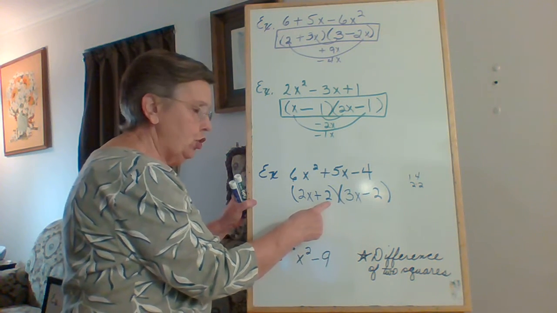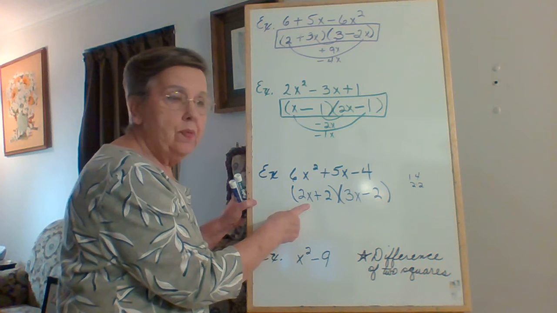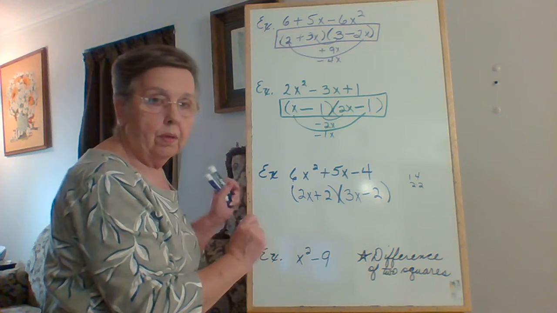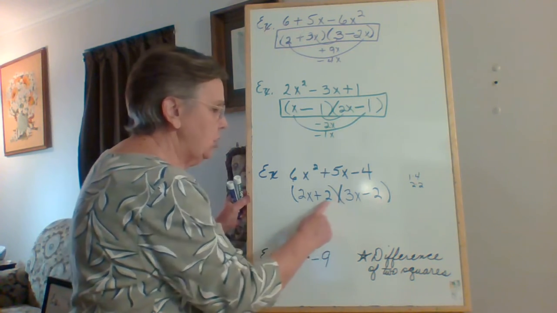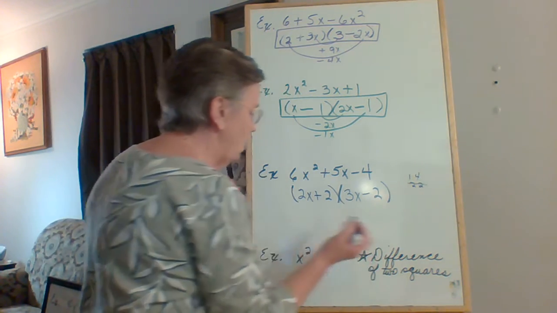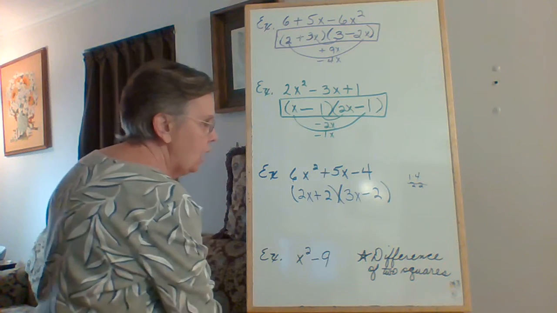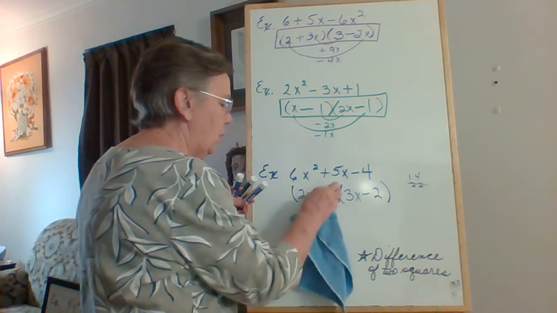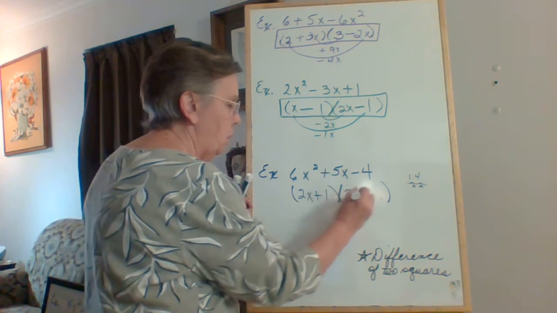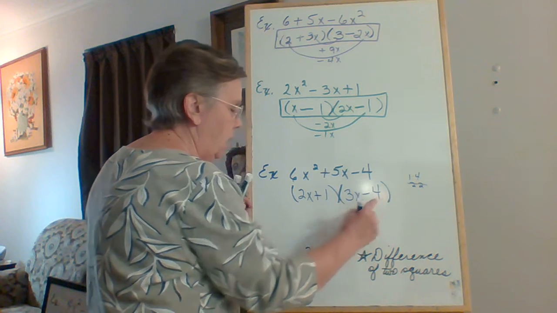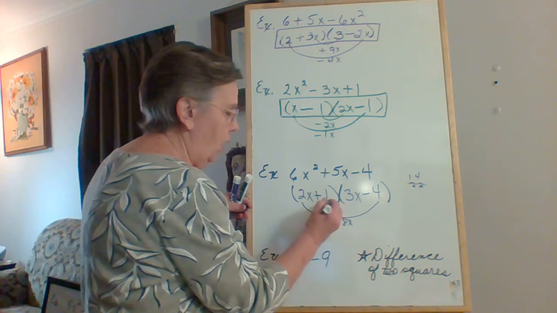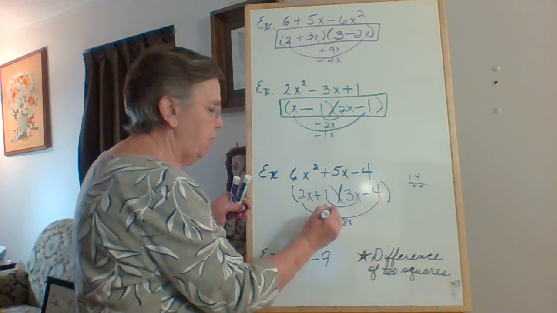But wait, when I put a 2 in this first parentheses, that gives me a common factor of 2. But even if I switch these, I'd still have a 2. So that means I'm not going to use 2 and 2. Let's try 1 and 4. The outside gives me a minus 8x. The inside gives me plus 3x.